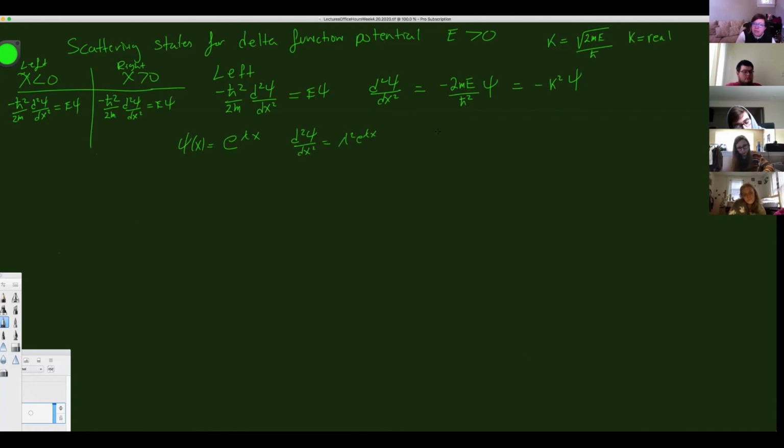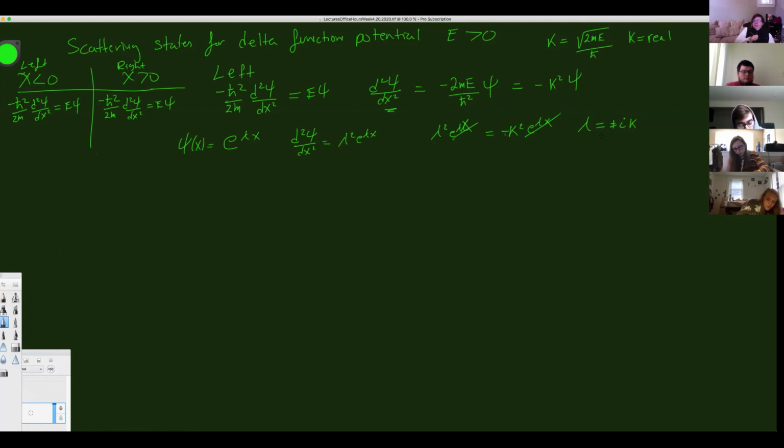We have lambda squared e to the lambda x equal minus k squared e to the lambda x. Those cancel out, and I get lambda equal to plus or minus ik, because the minus sign gives me the i.